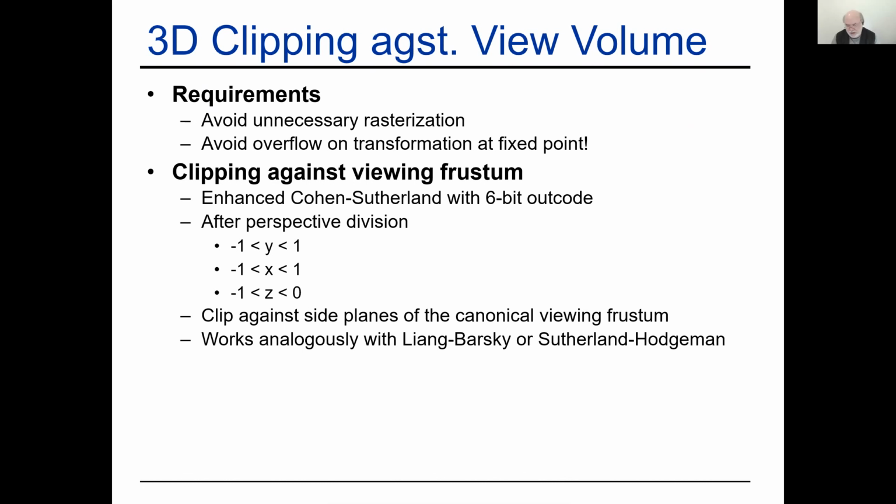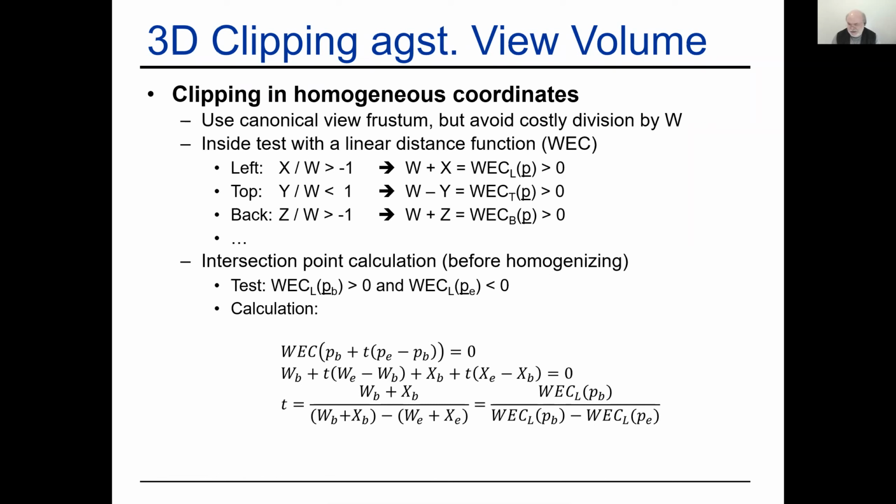And so we can use any of the algorithms we just looked at. But it turns out you can actually do the clipping also before the perspective division by W. You can actually do the clipping in homogeneous coordinates.